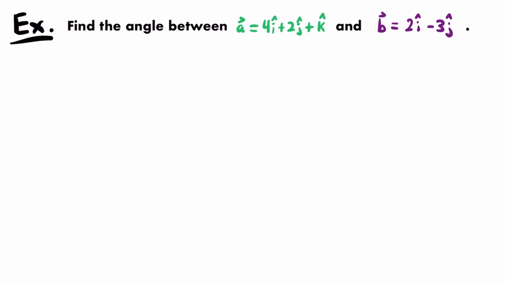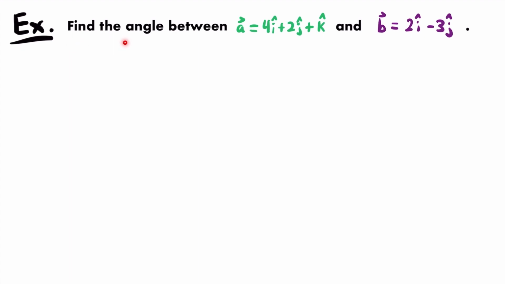All right, and you'll also notice in this problem that we're now working with 3D vectors since vector A has an i, j, and k term. So we're going to have an x, y, and z component for vector A. Now, vector B only has an i and j term, so that just means that the z component is 0. So you want to keep that in mind as we work through this problem.